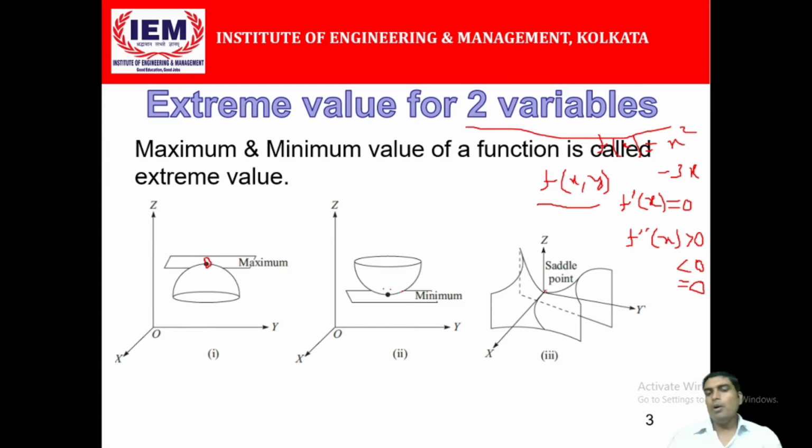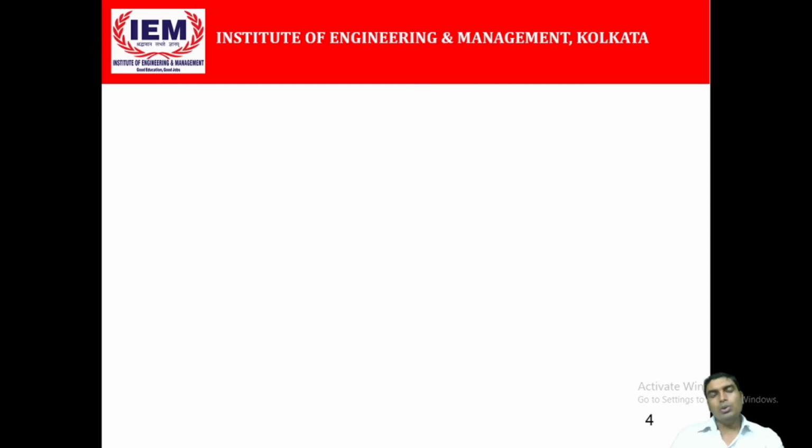So this point has neither a minimum nor a maximum; this is called the saddle point. For a single variable you don't have this case, but for two variables you have this case called the saddle point, where there is no maximum or minimum value at that point.